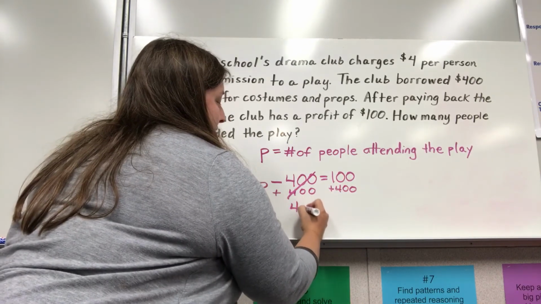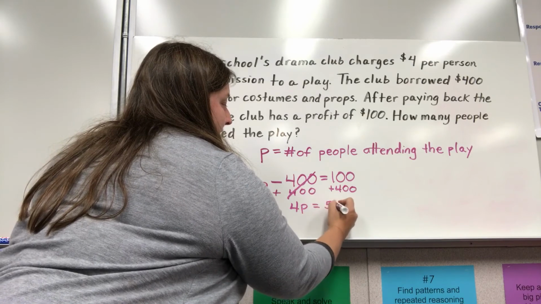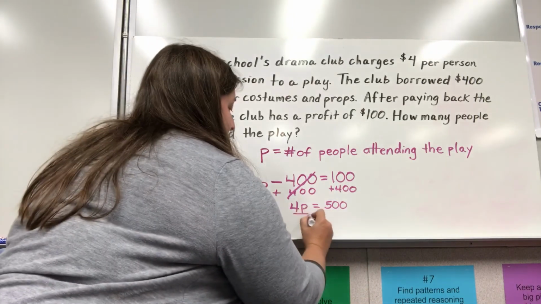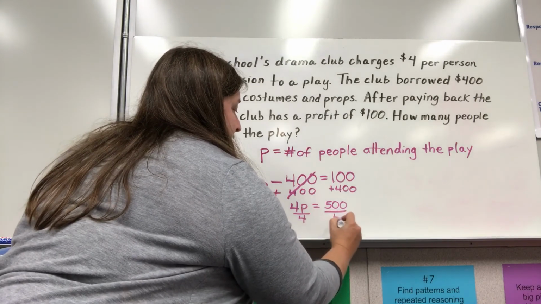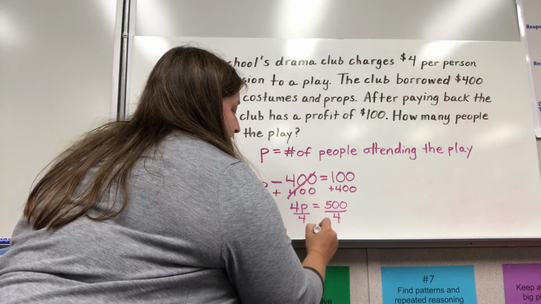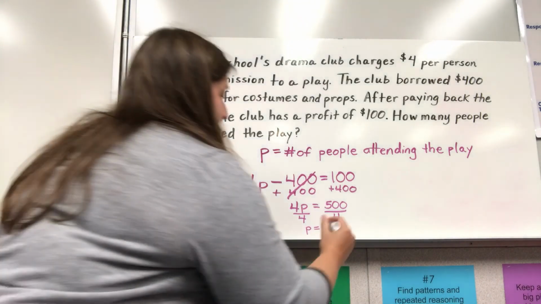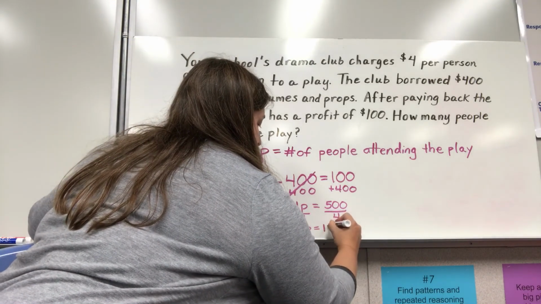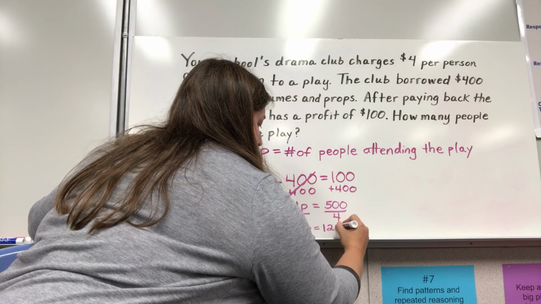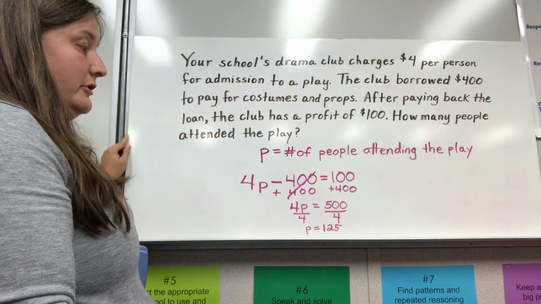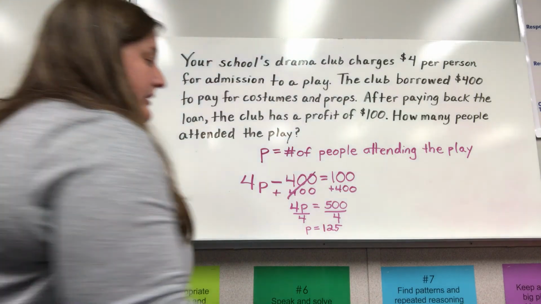So I'm left with 4p equals 500. Now to get p by itself, I'm going to divide each side by 4. And 500 divided by 4 gives me 125. So 125 people attended the play.